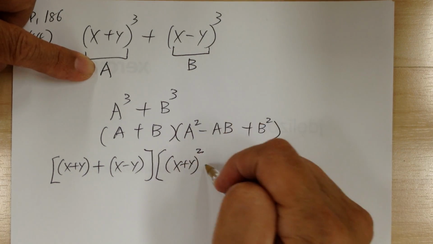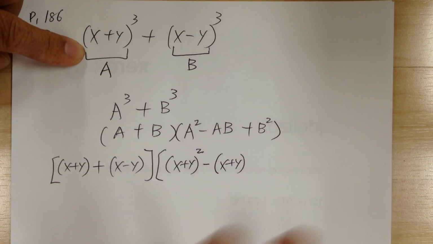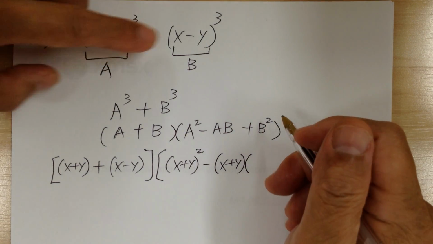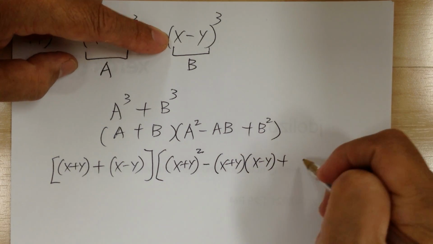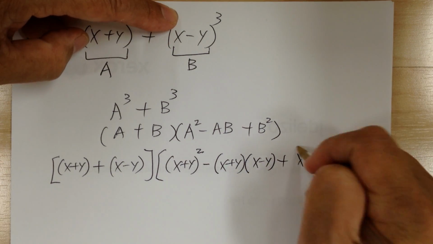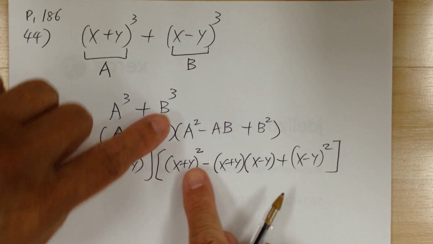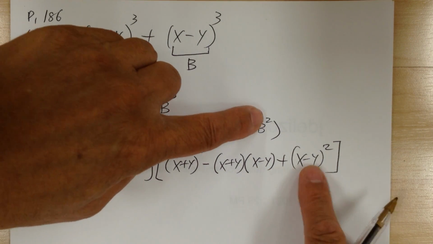That's your A squared minus A is x plus y. Again, do substitution only, okay? Do one step at a time to avoid a lot of careless mistakes. Okay, so that's A, that's B, now plus B squared. Okay, so again, that's your A squared minus AB plus B squared.